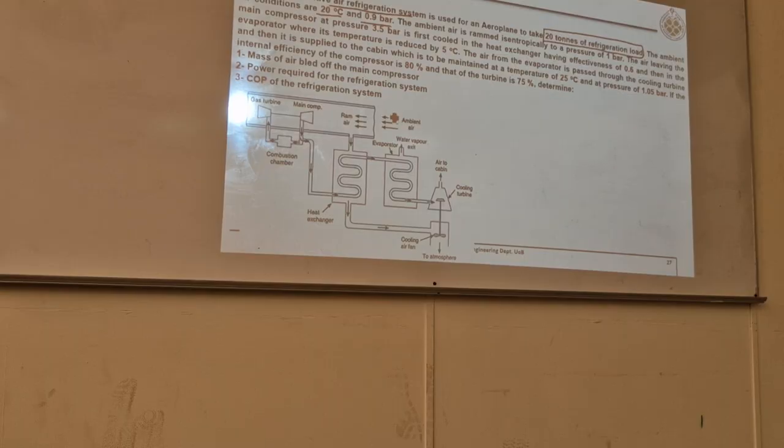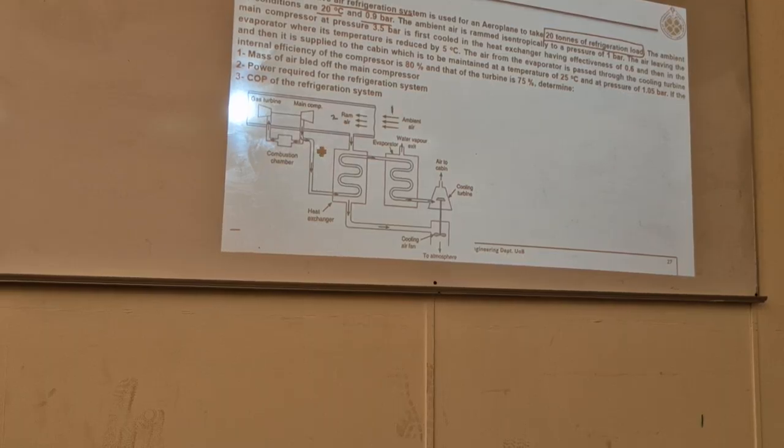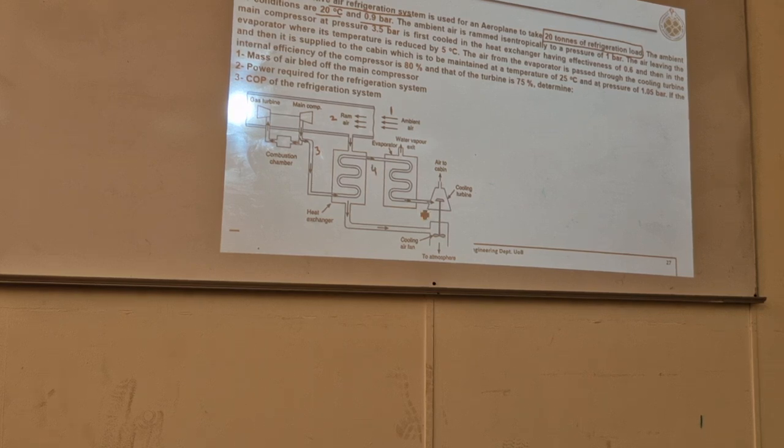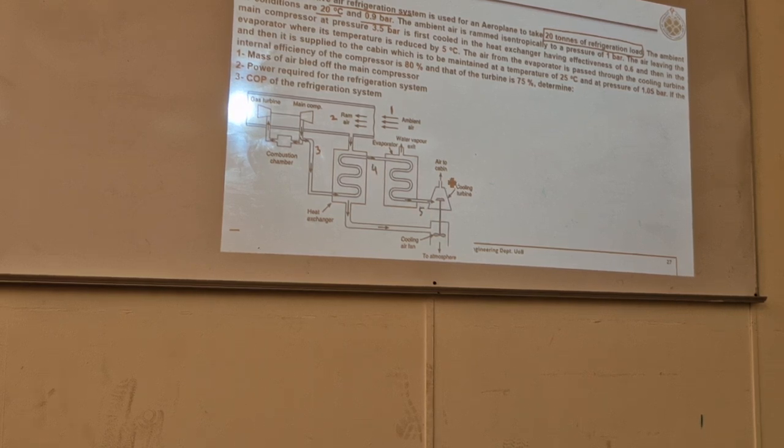So, let's number it. That is very important. 1, 2, 3, 4, 5, 6, 7. Is it 4 dash or 1 2? Okay, we will see if dash is required, we'll put dash. And also let's draw its T-S.